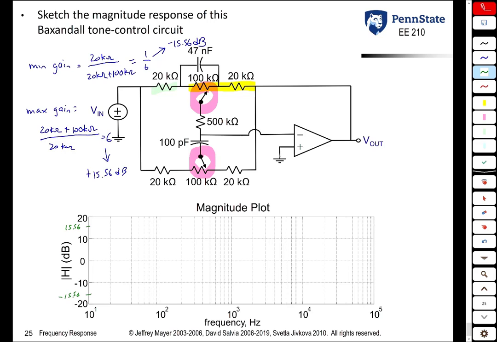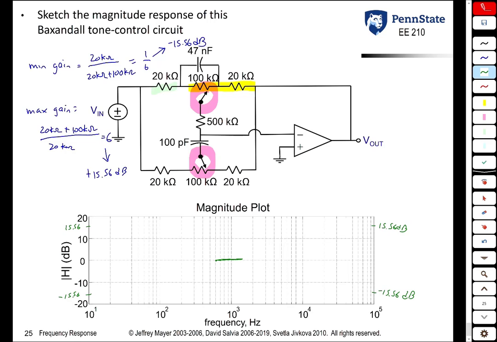And likewise, the high frequency gain can vary from minus 15.56 dB to plus 15.56 dB. We also saw that at middle frequencies, the gain is going to be 1 regardless.